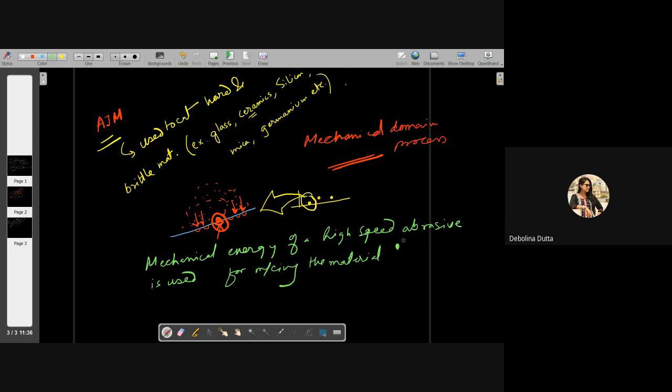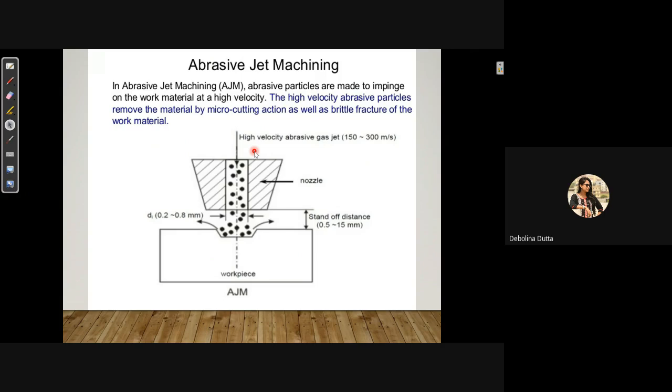So the machining occurs because of the brittle fracture of the material. In short, that is how an abrasive jet machine works.